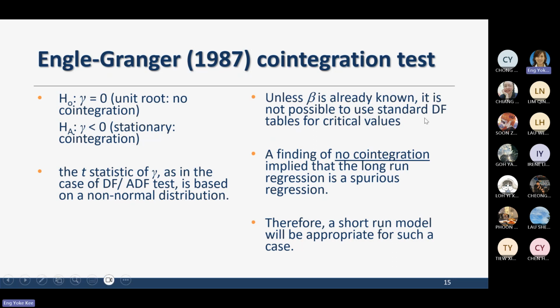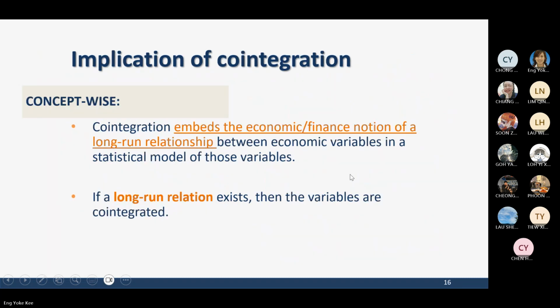Okay, so a finding of co-integration implies that there is a general relationship. A finding of no co-integration means what? The long-run regression is not applicable. So you have to estimate the short run. Okay, so what is the benefit of finding a co-integration?